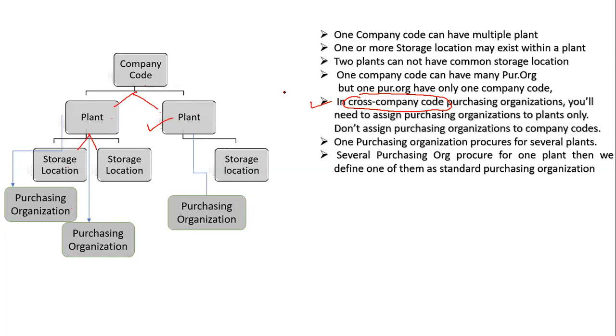Don't be confused. I will say it simply: one purchasing organization can be responsible for different plants, plant 1, plant 2, plant 3, or it can be responsible for only one plant.